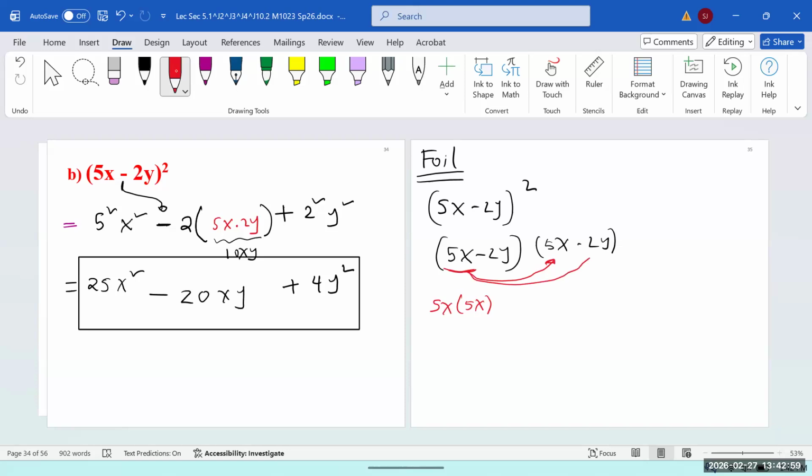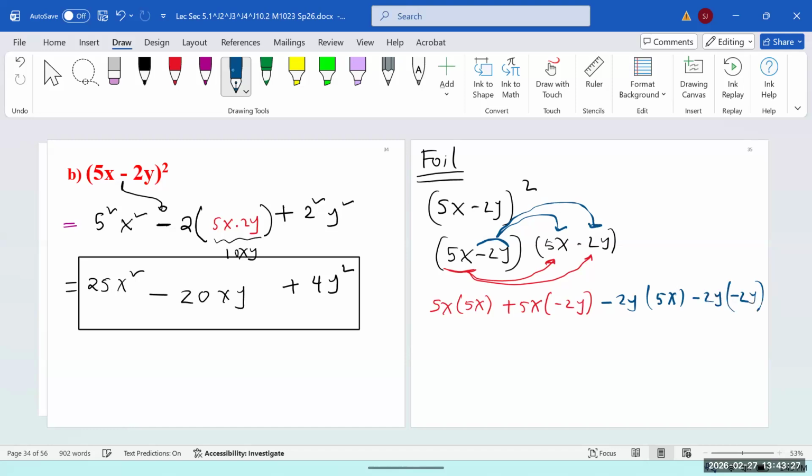Then the second element, 5x times negative 2y. And then the other way around. You have negative 2y, you go to the 5x. And lastly, this negative 2y goes to this negative 2y. So negative 2y times negative 2y.